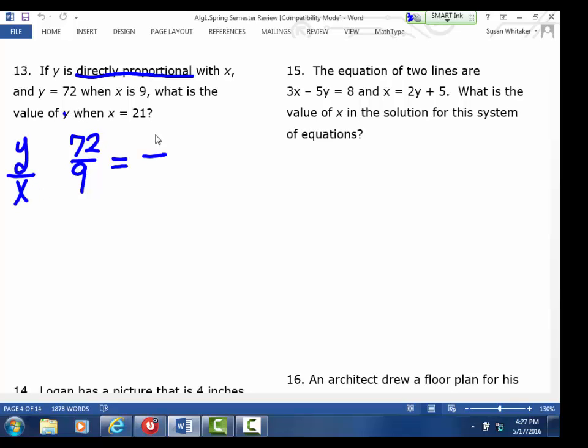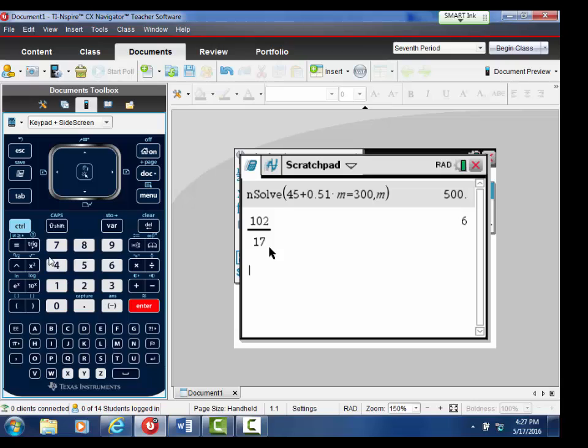So they ask what is the value of y when x is 21. And then to solve a proportion, we cross multiply, so we get 9y equals, what's 72 times 21? Anybody?